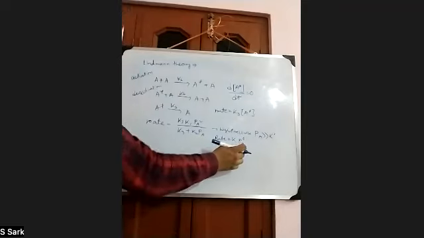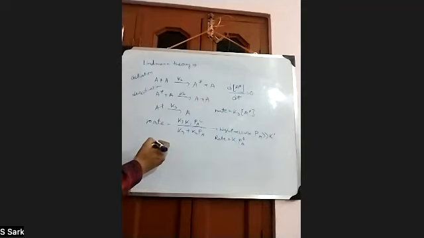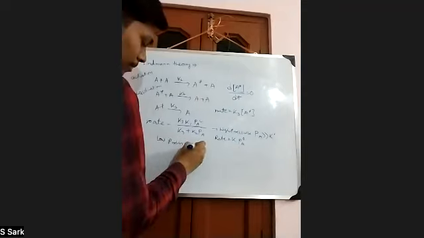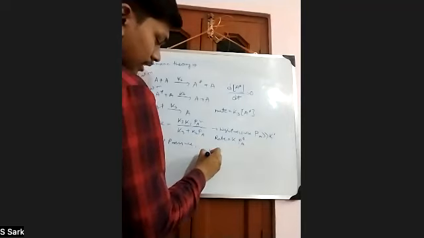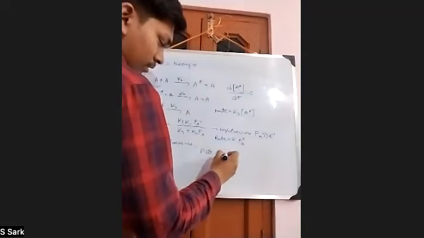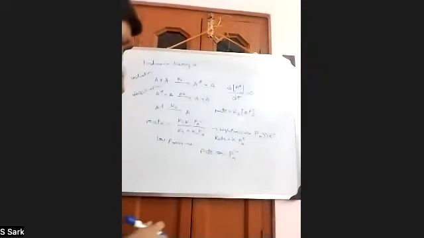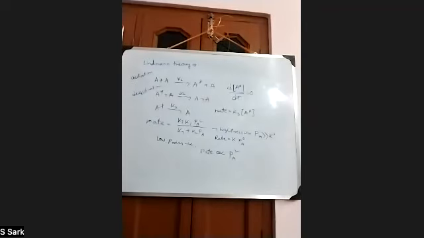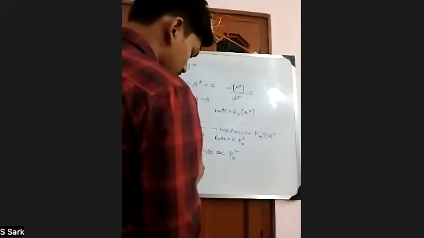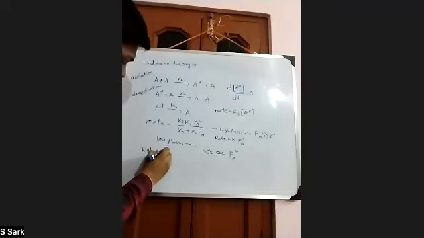But in the case of low pressure, the rate will vary with the square of the pressure of reactant. So at high pressure, it will show first order activity, and at low pressure, it will show second order activity.